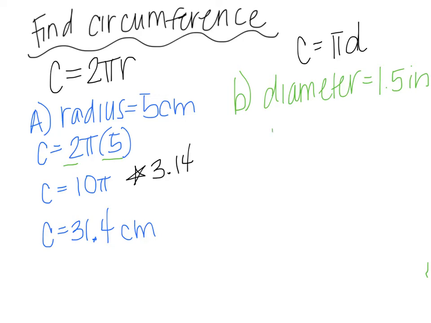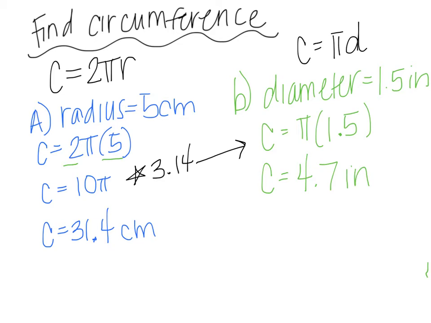So I'm just going to plug in what I know. Pi is going to stay the same, and we can plug in 1.5. Again, I need to use 3.14 in my calculator when I'm solving this. So my circumference is going to be 4.7, and again we have to include our unit of inches.